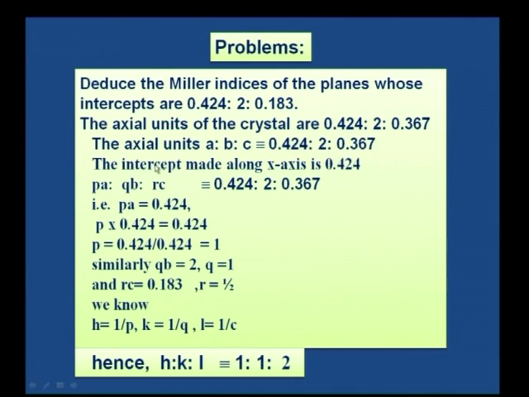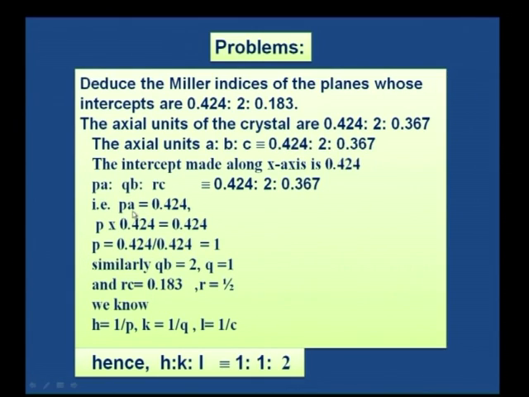The intercept made along the x axis is this much. Now, as I told you earlier, pa is to qb is to rc. a, b, c are the vectors along the 3 directions, and the same numbers p, q, r are given like this along the a, b and c directions.